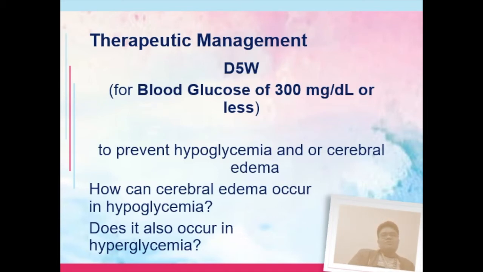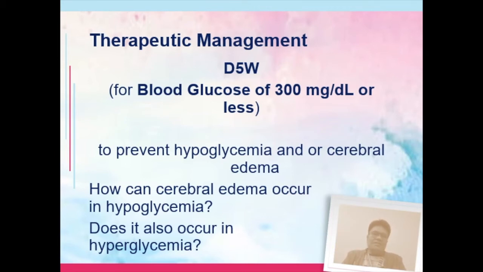Now, the purpose of your dextrose administration is to prevent hypoglycemia or cerebral edema. Now, the question is, how can cerebral edema possibly occur when your patient is hypoglycemic? You try to find out what could be the reason or what is the underlying physiology. How can hypoglycemia cause cerebral edema? Is it also possible to be caused by your hyperglycemia?